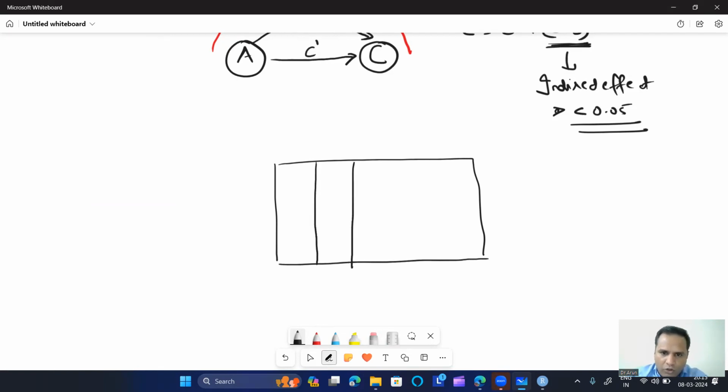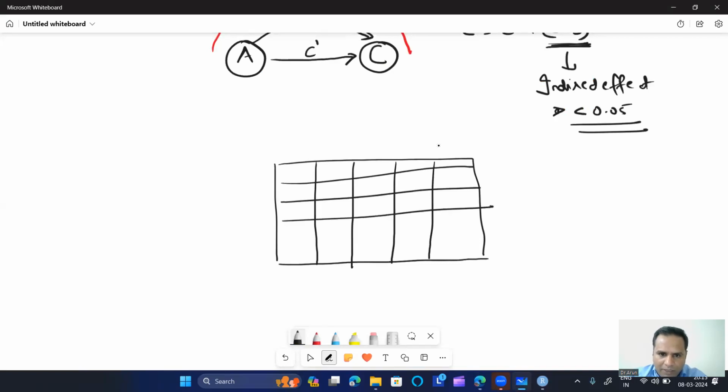It will divide your original sample into 5 equal parts. So this part will be the holdout sample, on which the predictive power of the model will be tested, and this will be your training sample.